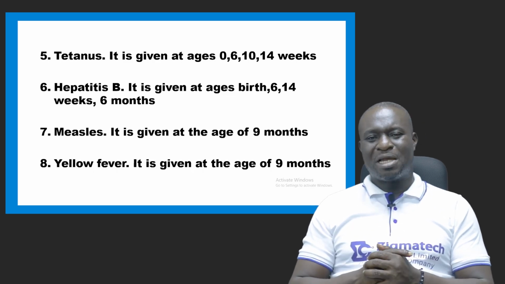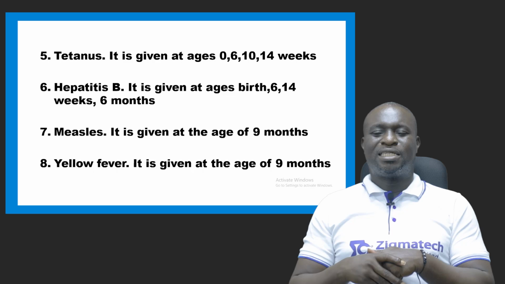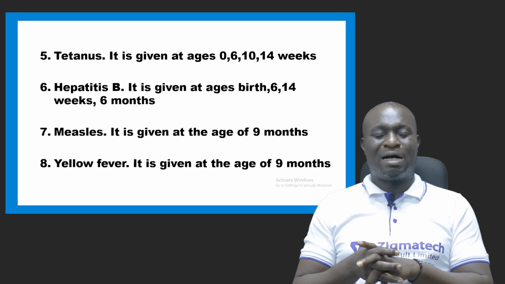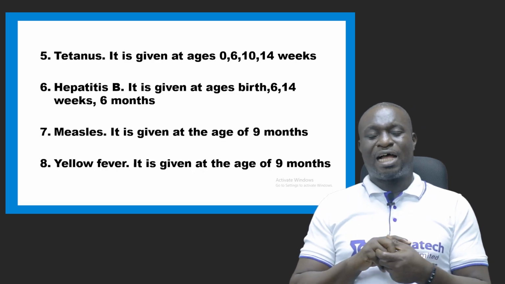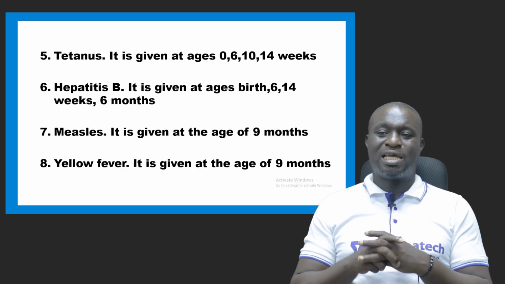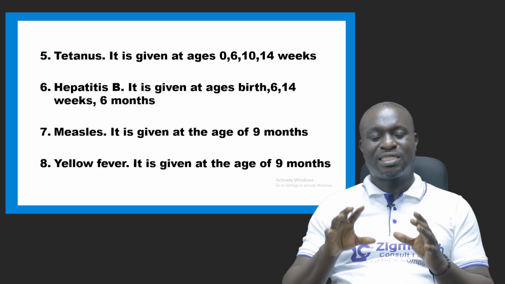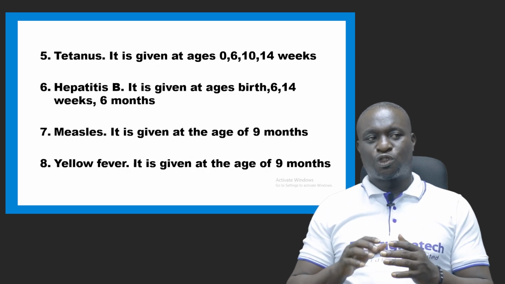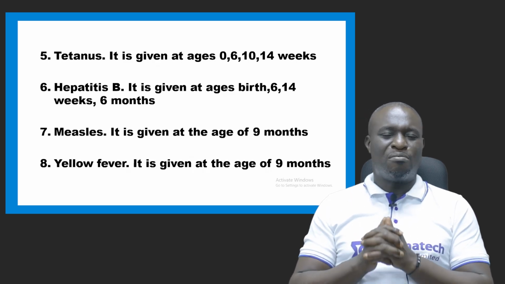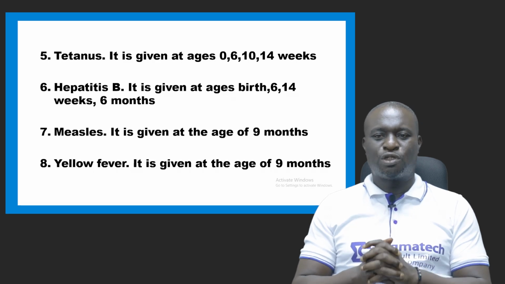And we also have the hepatitis B. Hepatitis B is given to children between 6 and 14 weeks old, and also to those that are 6 months old.